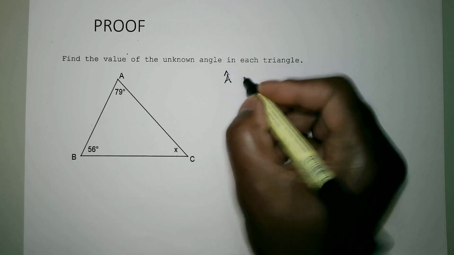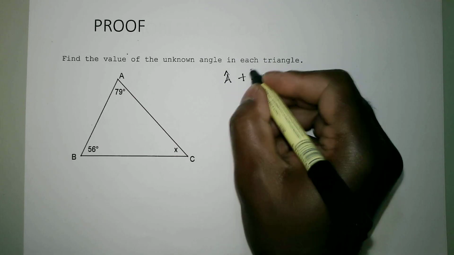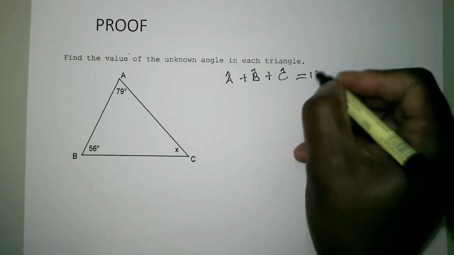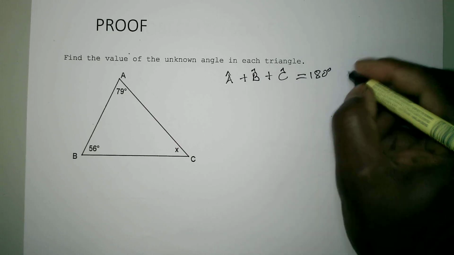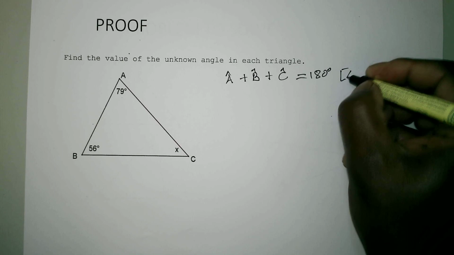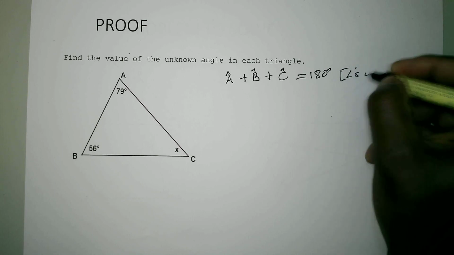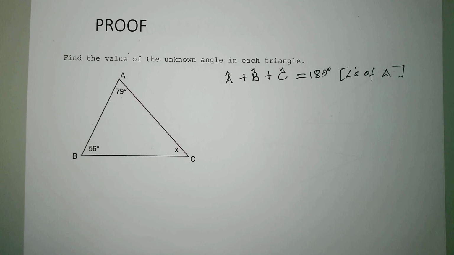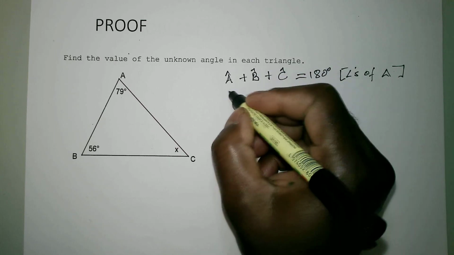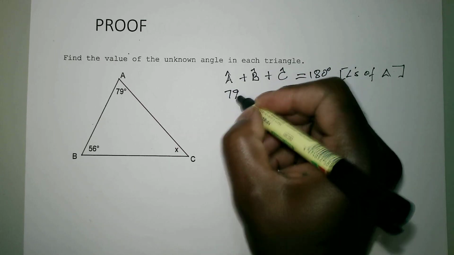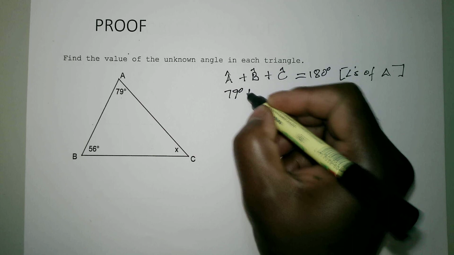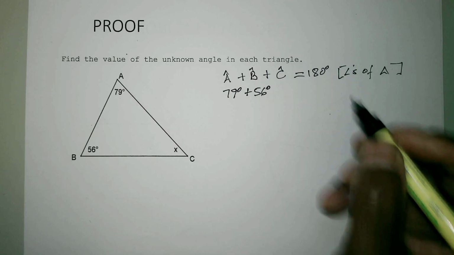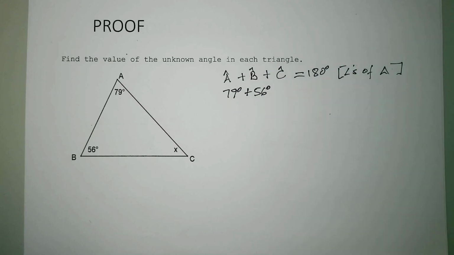Angles of a triangle, that is what we know. A is 79 degrees, B is 56 degrees, C is X, and then we have 180 degrees.